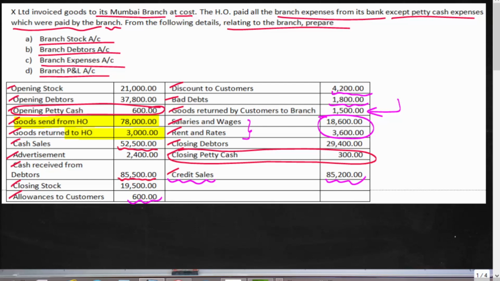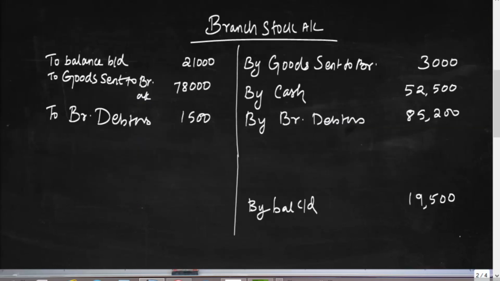So what we'll do is the balancing. First let's check the position of the branch stock account. Let's do the totaling of branch stock account. So I think the total is higher on the credit side. It works out to 1,60,200.